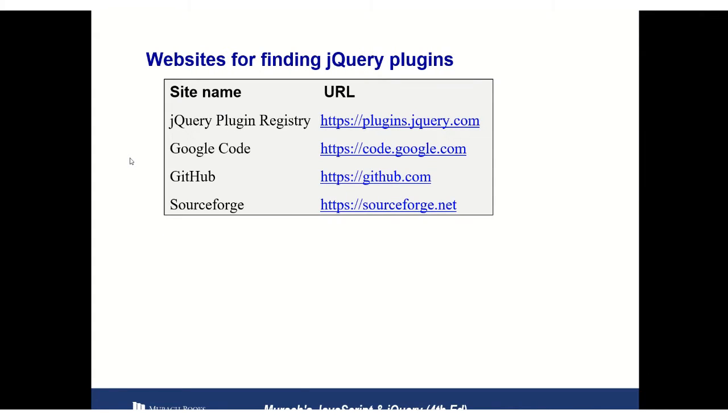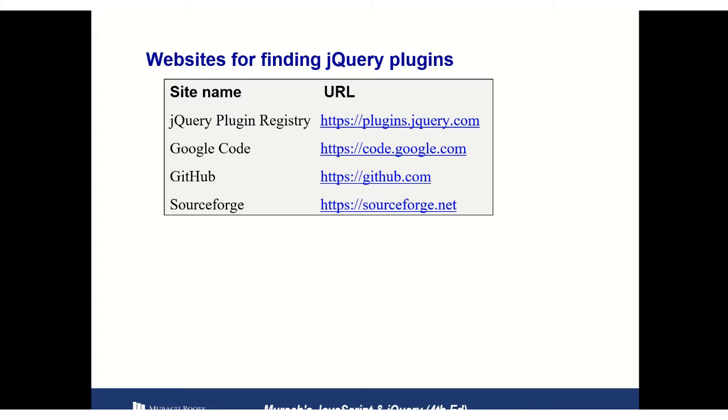So for the websites for finding jQuery plugins, as I mentioned before, use this slide as your reference. There are a lot of examples across the World Wide Web, but we cannot just use any example for granted. So the official or authentic sites are here.